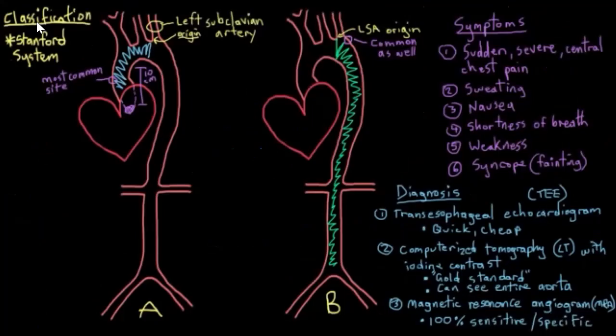All right, and so we have the Stanford system. We have type A, which is the most common and more dangerous.